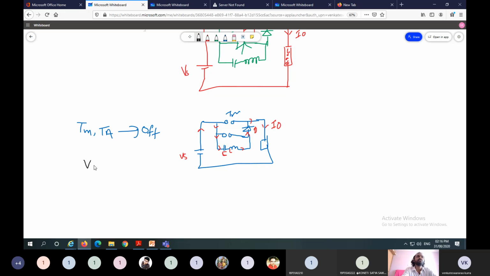Once the capacitor charges to the supply voltage Vs, it reaches its rating value and acts as an open circuit. Then the equivalent circuit is like this. All elements are open, this one is the diode, and there is no flow of load current.